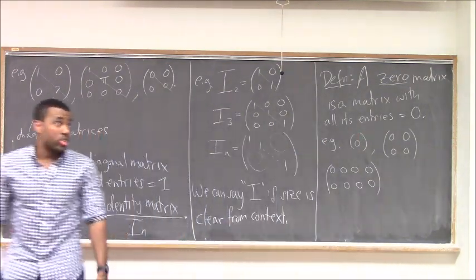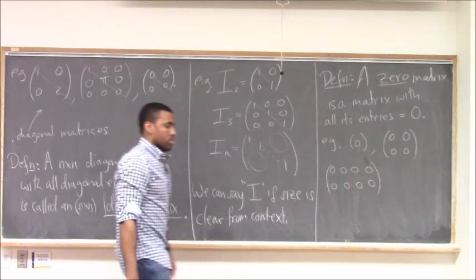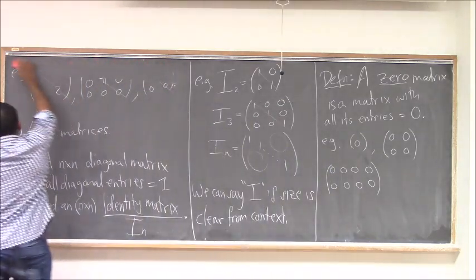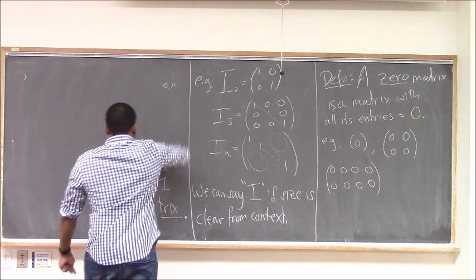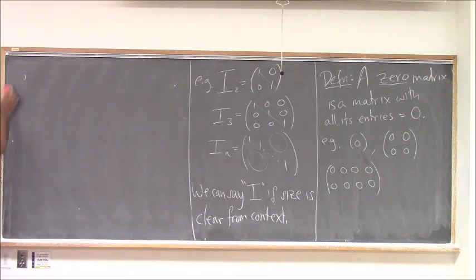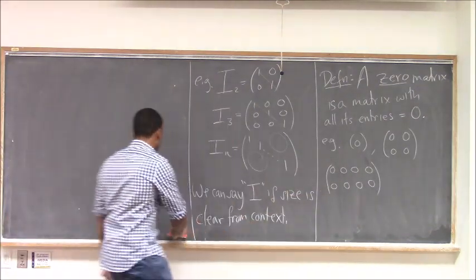Because we will always do matrices over the real numbers, and the 0 is the 0 for the real numbers. Zero can mean different things in other contexts, but for ours, we'll always be in the context where a zero matrix has all entries 0.